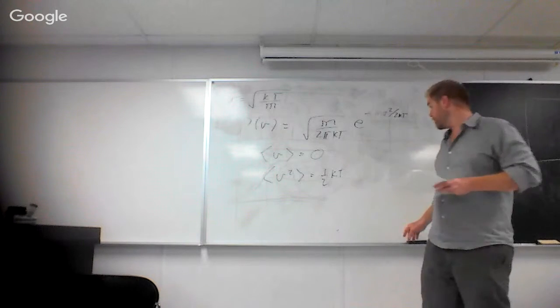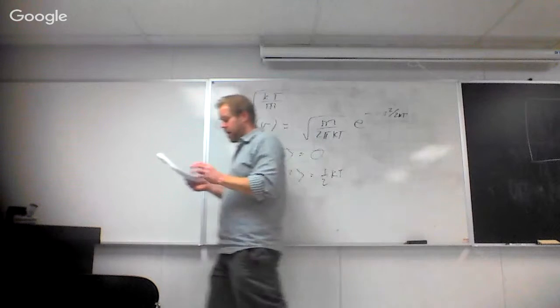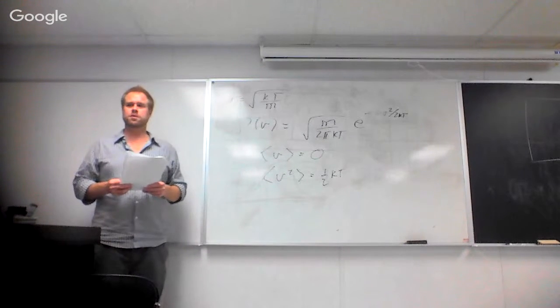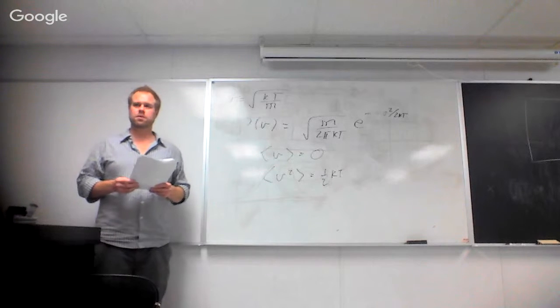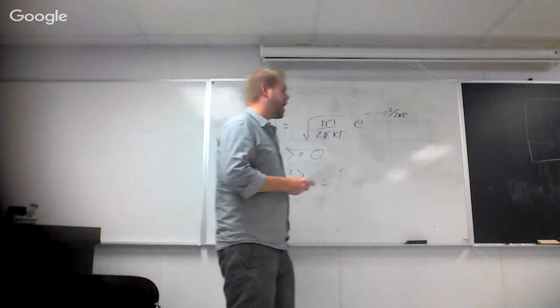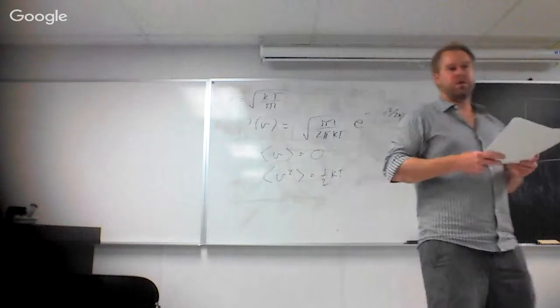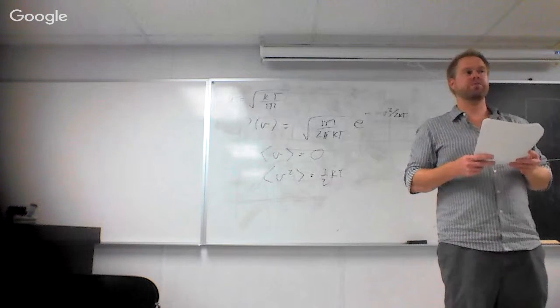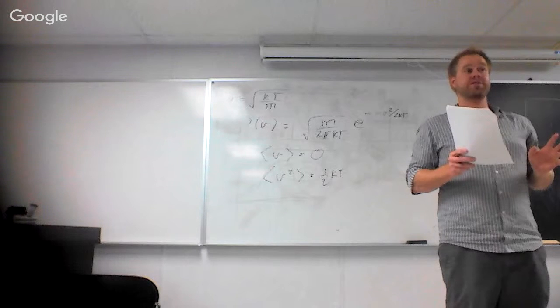And so if you take the average of this in 2D, you get the half. Cool? That's like the RMS velocity, root mean squared. Any questions?